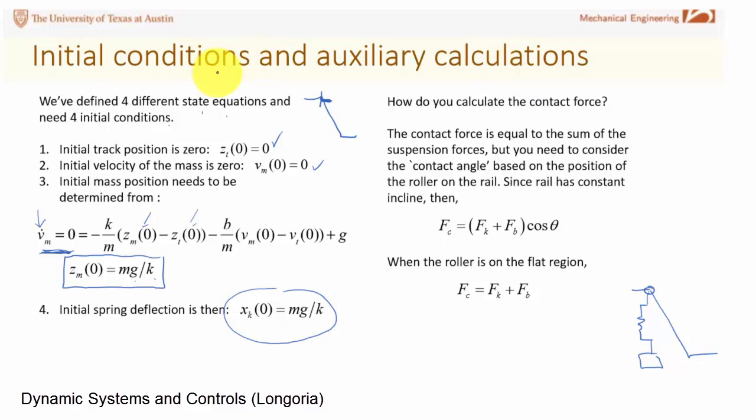Now, we talked about initial conditions. We want to talk about other calculations we want to make, and one of them is the contact force. And if you think about it, with the roller on this rail, it's got this suspension on here with the spring and damper and the mass. That force here is basically the sum, right, of the spring force and the damping force.